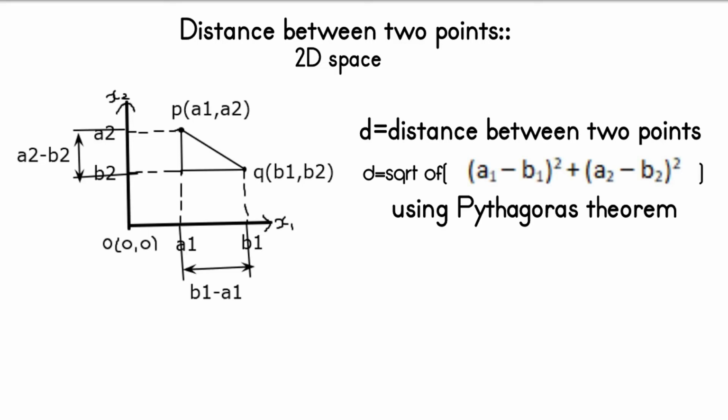Using basic coordinate geometry, we can find the distance D, which is nothing but square root of (A1 minus B1) square plus (A2 minus B2) square. We can find this using the Pythagoras theorem. This distance is nothing but B1 minus A1, and this distance is nothing but A2 minus B2. So using the Pythagoras theorem, we can find D as square root of (A1 minus B1) square plus (A2 minus B2) square.